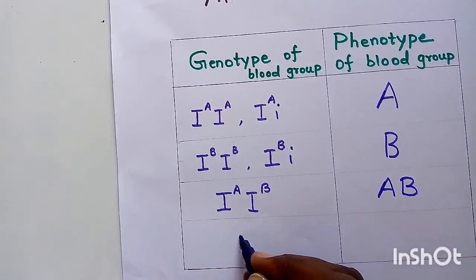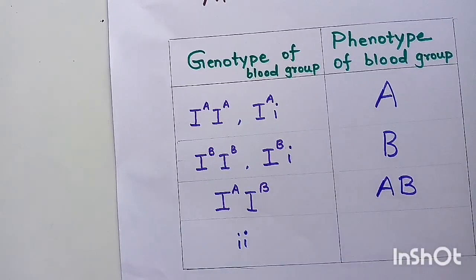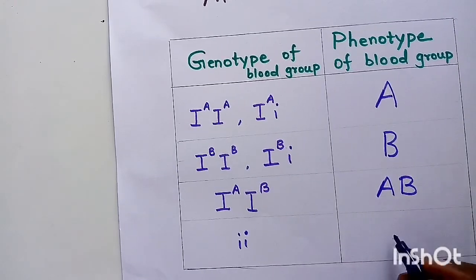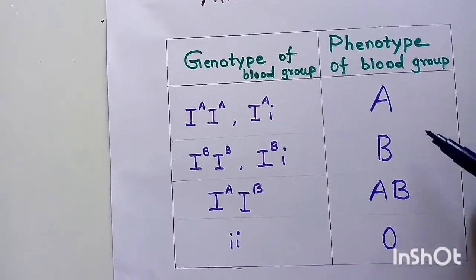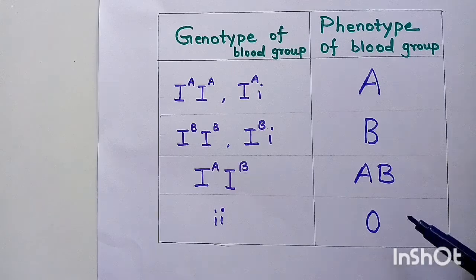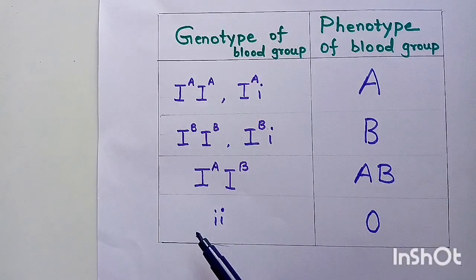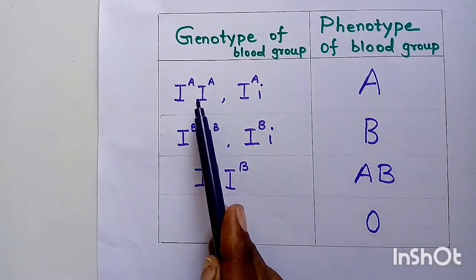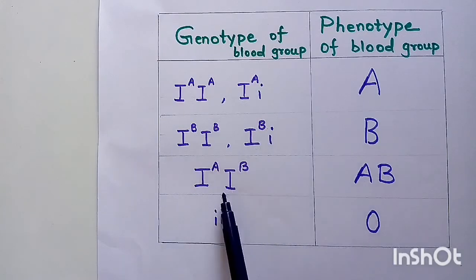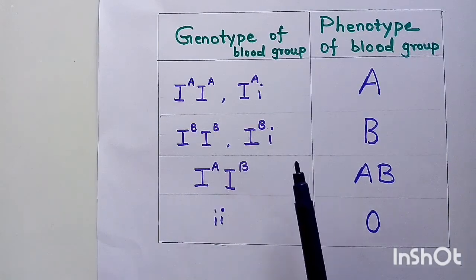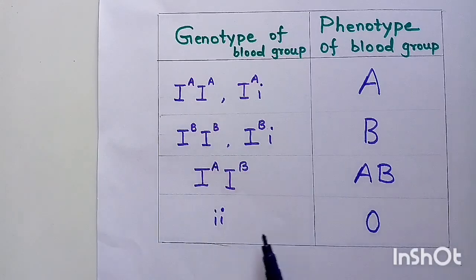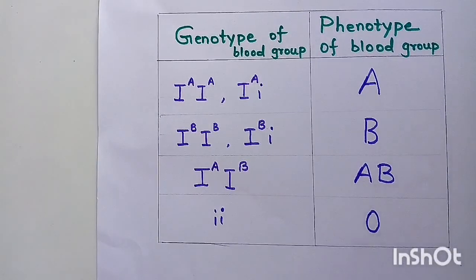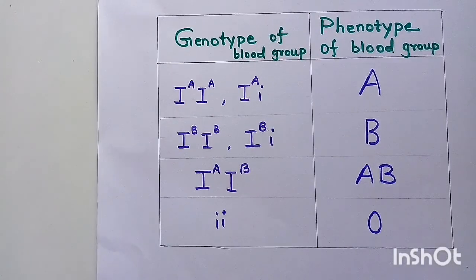But if the genotype of the person is small i small i, then the blood group of the person will be O. So this is the phenotype of the blood group and this is the genotype of the blood group. For 4 blood groups, there are 6 genotypes: 1, 2, 3, 4, 5 and 6. Out of which this is dominant and this is recessive. So these are the genotypes which will represent the phenotype or the blood group of an individual.